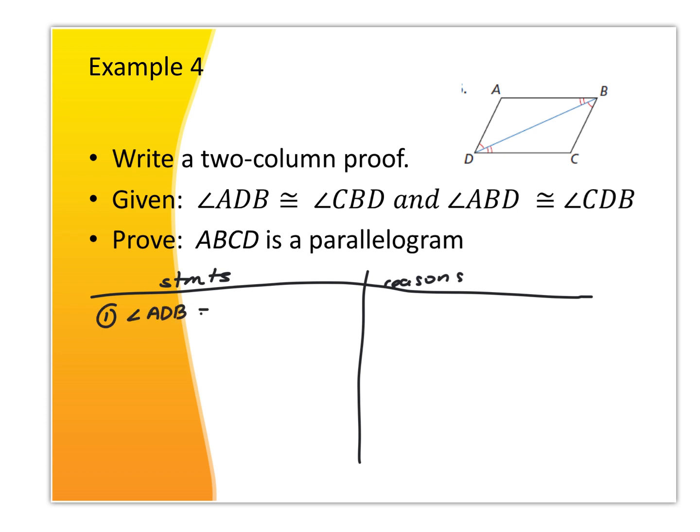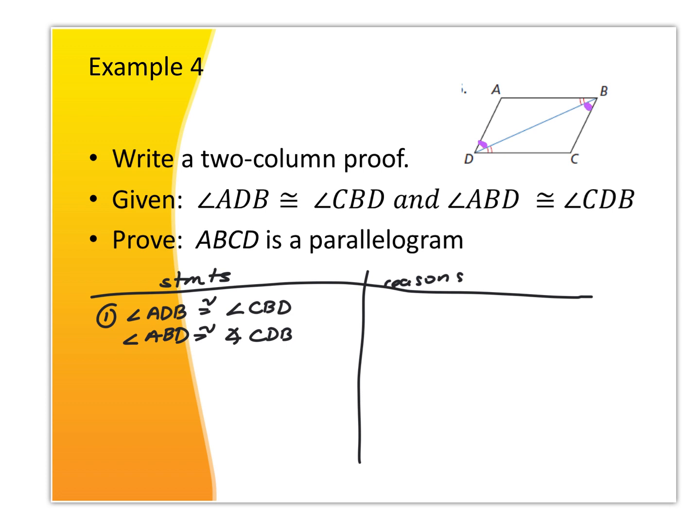Angle ADB is congruent to angle CBD, and angle ABD is congruent to angle CDB. So look at that first. This little angle right here, ADB, is congruent to CBD, this angle here in purple.